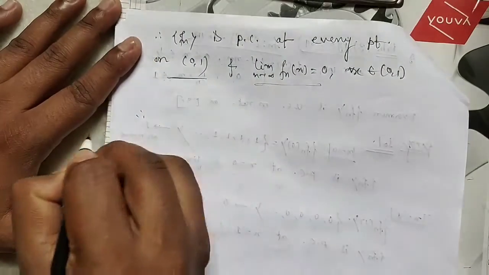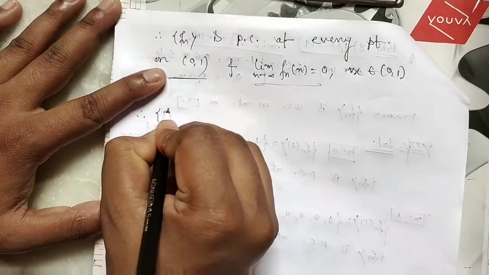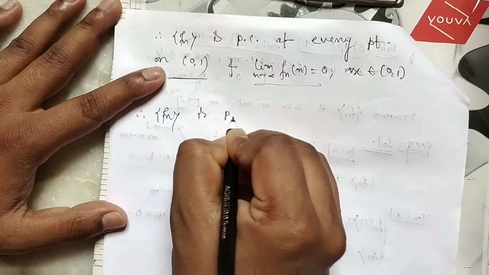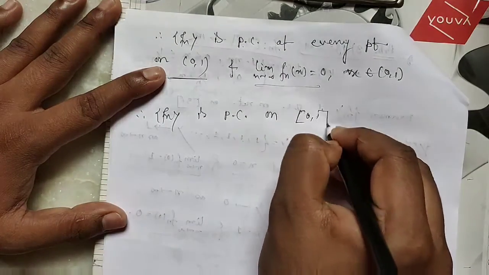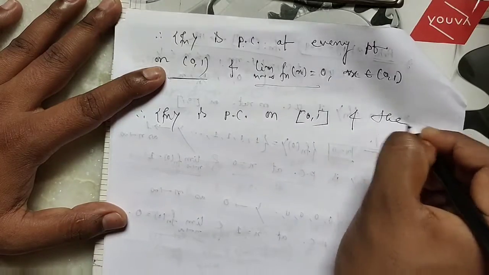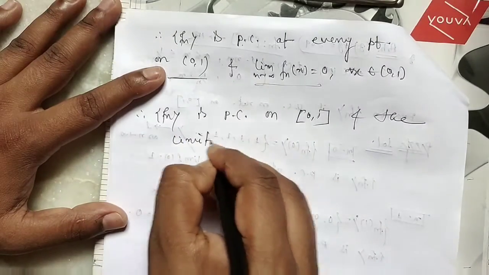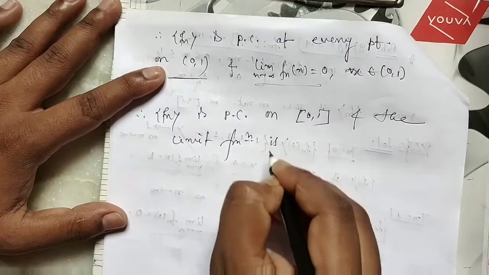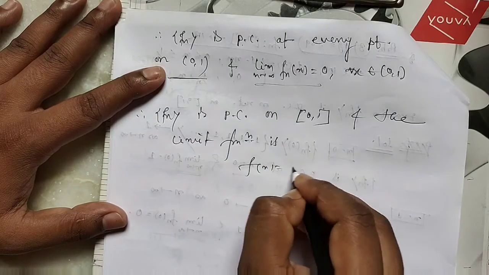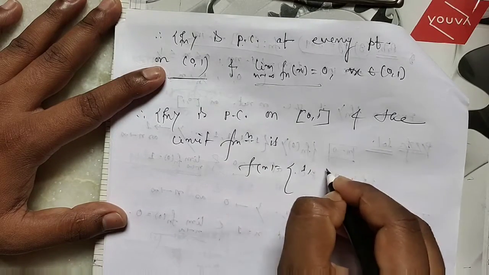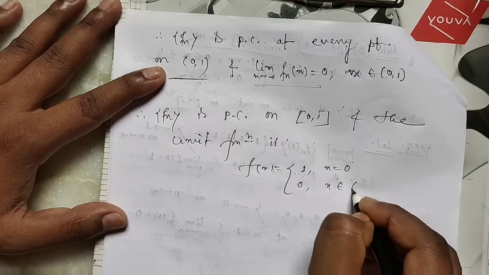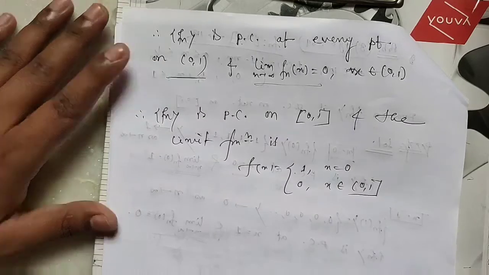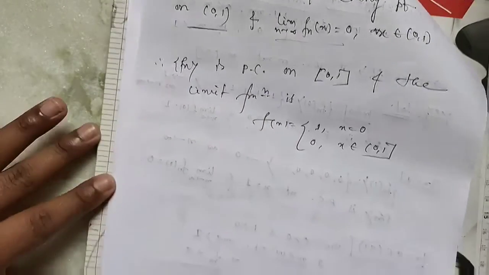Combining these three, the sequence of functions is pointwise convergent on the closed interval [0,1], and the limit function is f(x) equal to 1 when x equals 0, and 0 for x belonging to (0,1]. So this is our limit function. Clear?